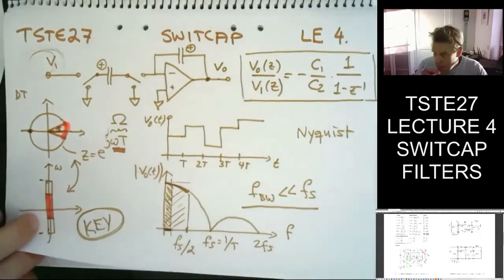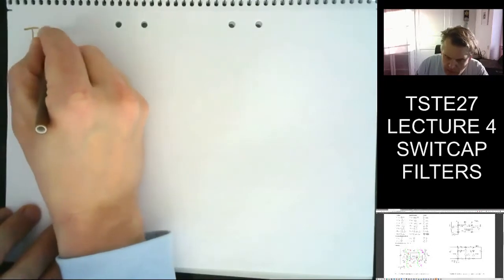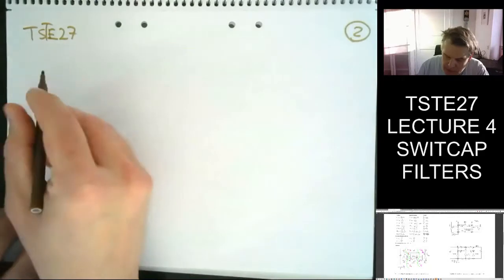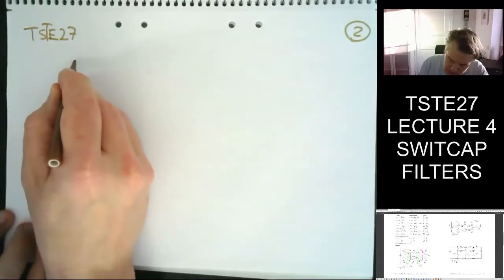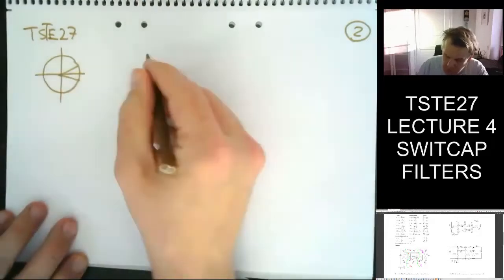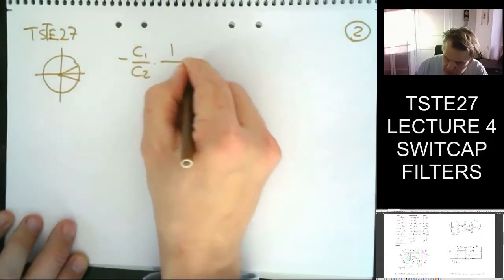So let's see, just to repair the thing I did last time. We discussed this unit circle, and then we had our accumulated transfer function like this.